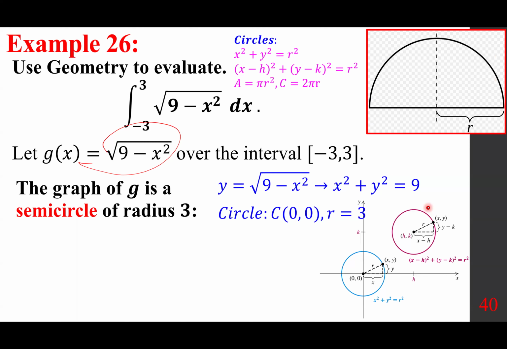And let me just quickly remind you that when you have this formula, if you solve for y, you get plus or minus the square root of 9 minus x squared. The plus is the top, the negative is the bottom. If you solve for x, you get the right side.